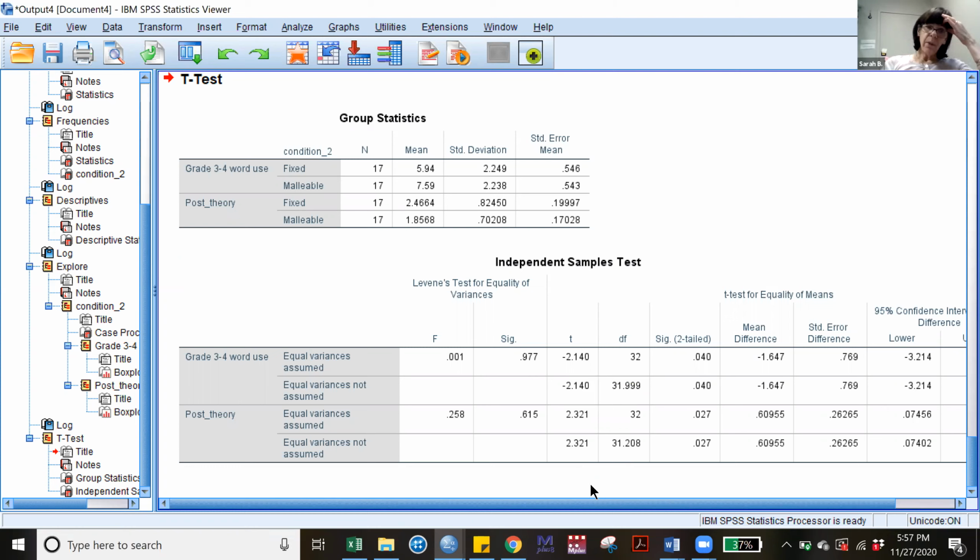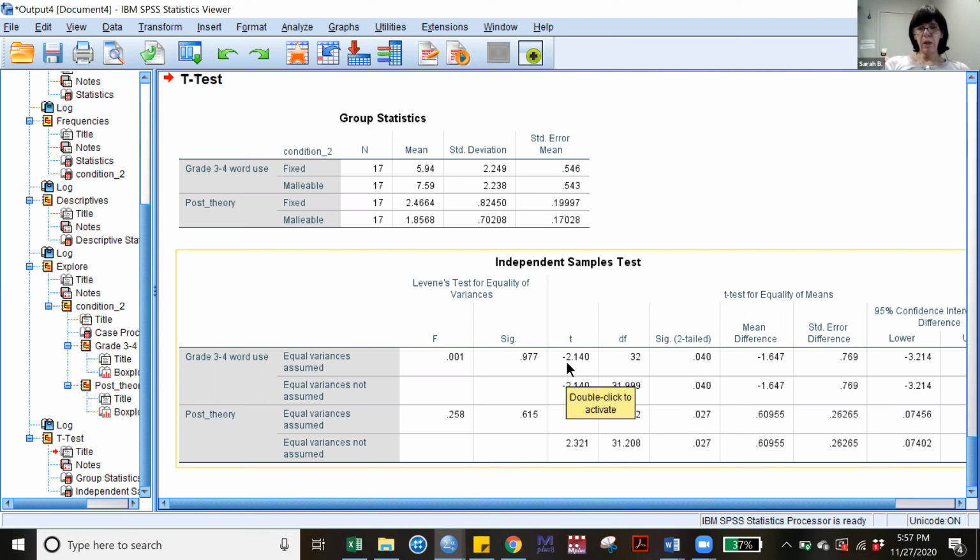Now, this is a comparison of fixed to malleable. So it's fixed minus malleable for your mean difference. So if it's a negative value, fixed is lower than malleable. And indeed, it is lower than malleable.